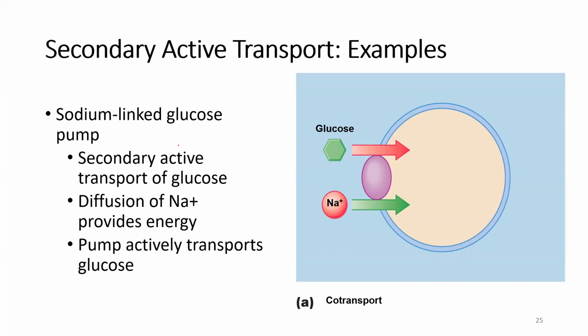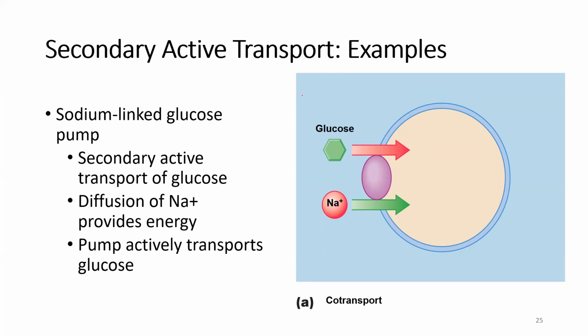Another example of this, a specific example, is the sodium-linked glucose pump. And so speaking more specifically about this type of pump, it's going to harness the energy from sodium moving and then use that energy to move glucose into the cell, okay?